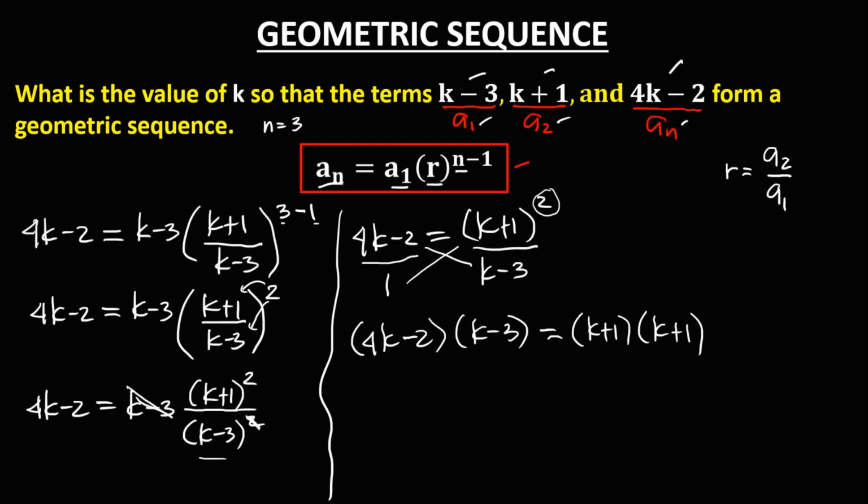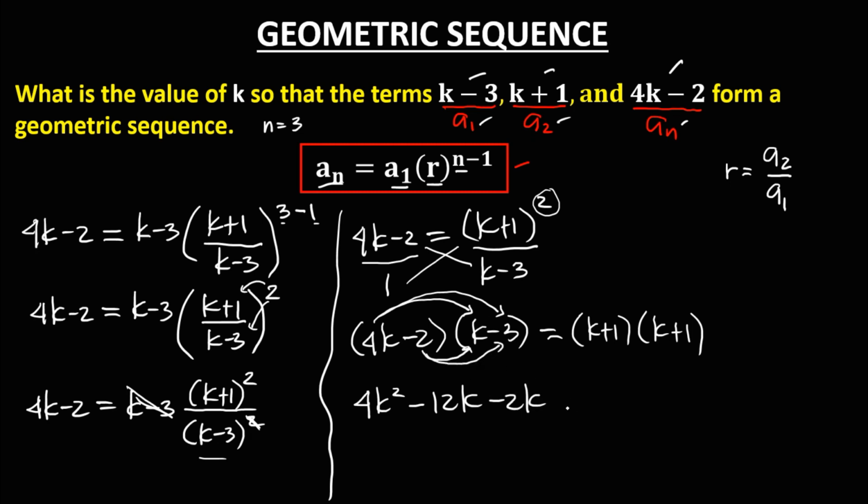Then using the FOIL method to simplify, we have 4k times k, this is 4k squared. Then 4k times negative 3, this one is negative 12k. Then negative 2 times k, negative 2k.